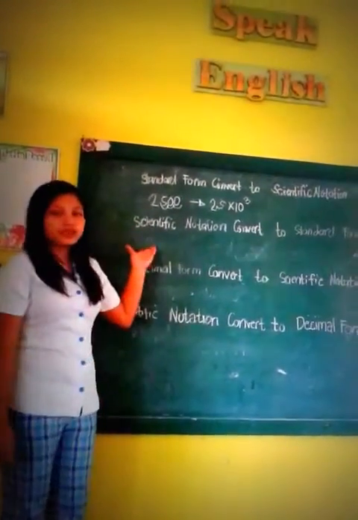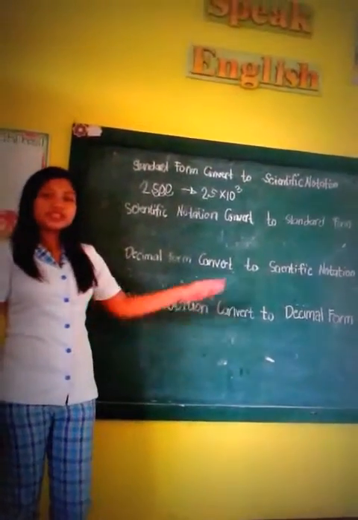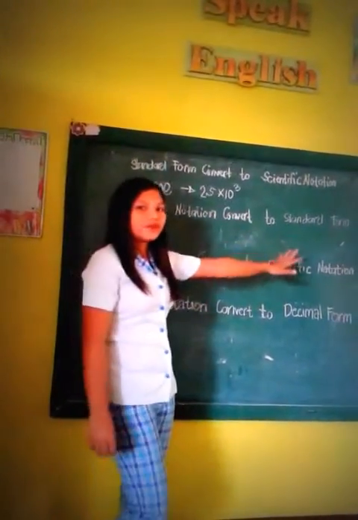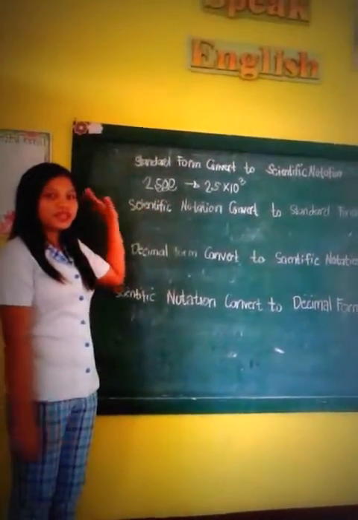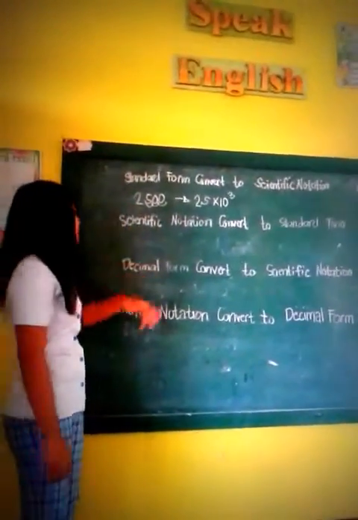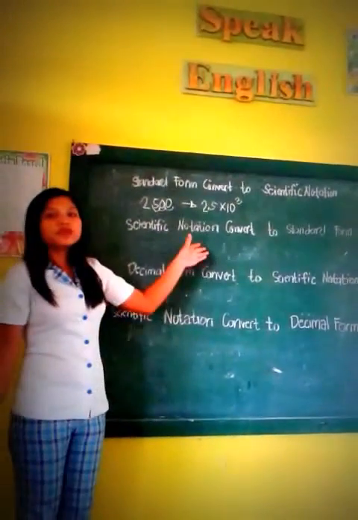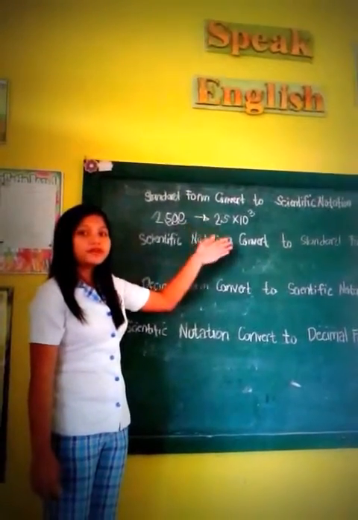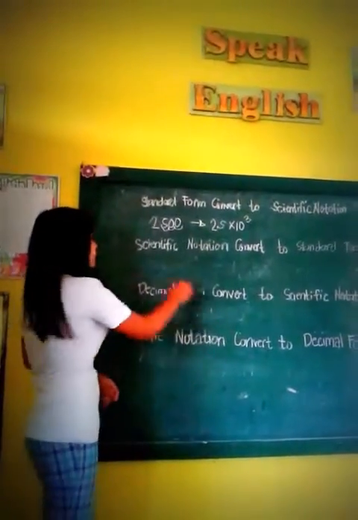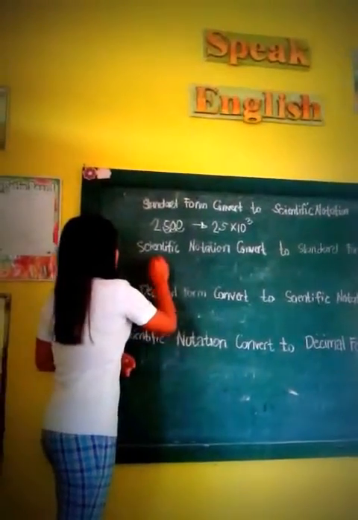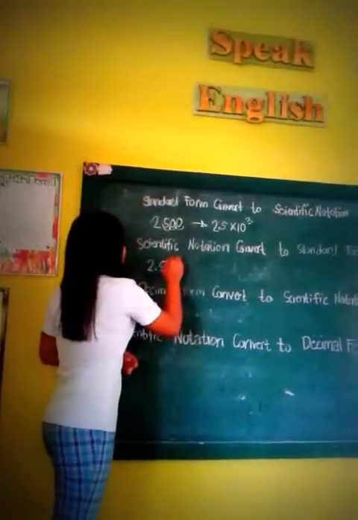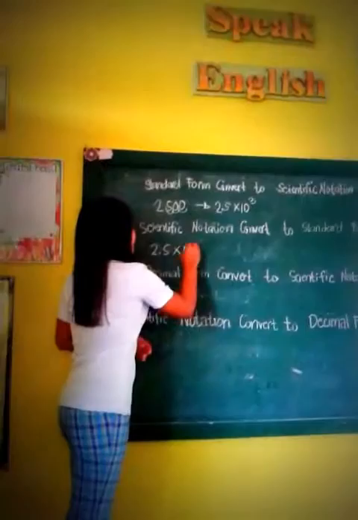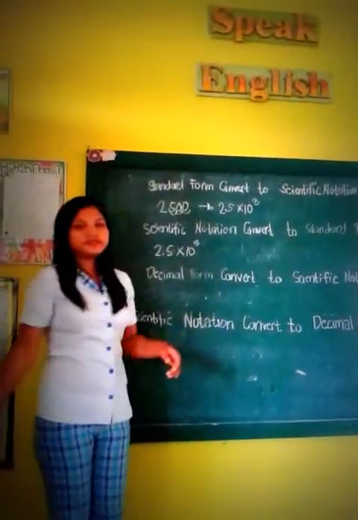Then step number 2 is converting scientific notation to standard form. This is the opposite of step number 1. Then, the same problem. Here, the scientific notation is 2.5 multiplied by 10 raised to the power of 3. So you just copy 2.5 multiplied by 10 raised to the power of 3.